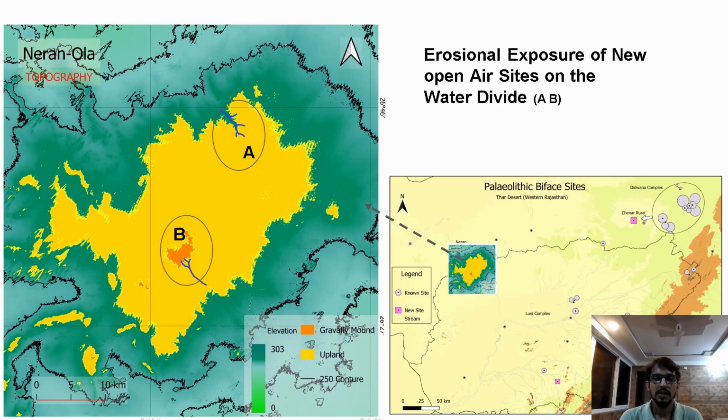Okay, this is a close view of the same site with multiple analytical aspects: contour maps and different visualization methods. This site is located somewhere here, and it is a kind of tabletop area. Later on, we found one more site here, B. I'll also discuss how we found this site.